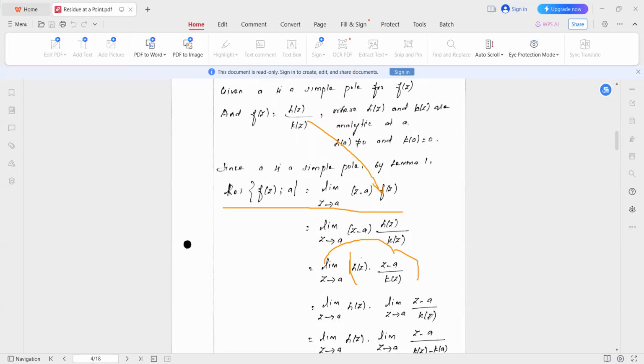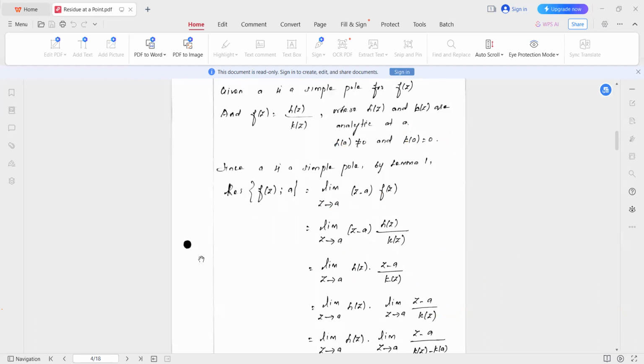Now, given that the value of k of a is equal to 0, here we are applying the value of 0, because k of z can be written as k of z minus 0. So instead of 0, we write k of a, as k of a is equal to 0.